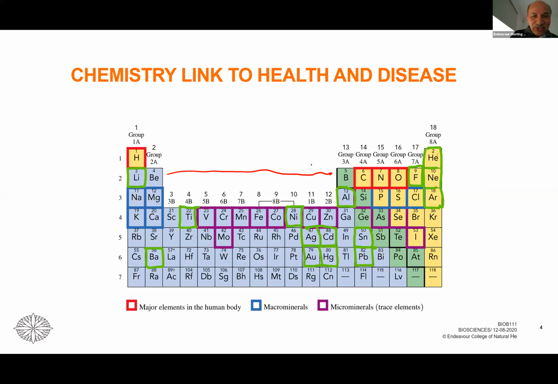What do you call those? Transition elements. They don't obey the octet rule, but they are metals. Metals are on the left-hand side of the periodic table, and here these are the non-metals, shown in yellow.